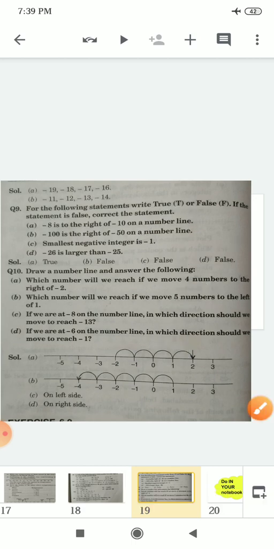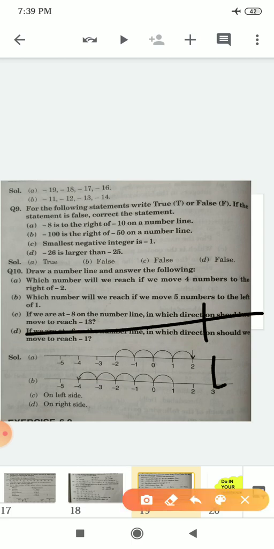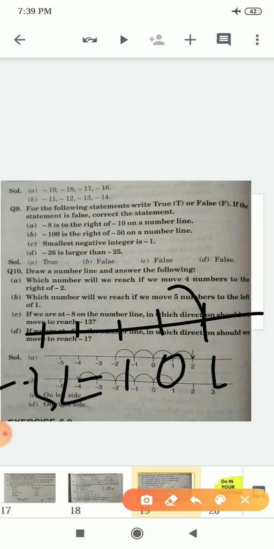We have question number 2. Which number will we reach if we move 5 numbers to the left of 1? If we are on 1, we have to move 5. So 1, 2, 3, 4, 5.